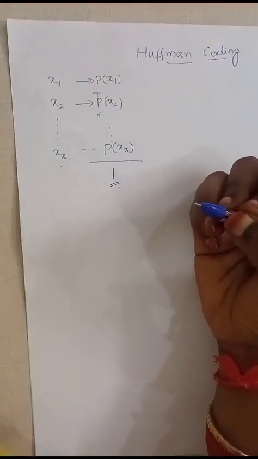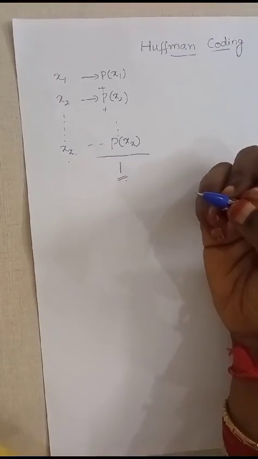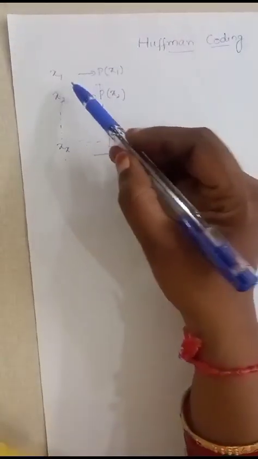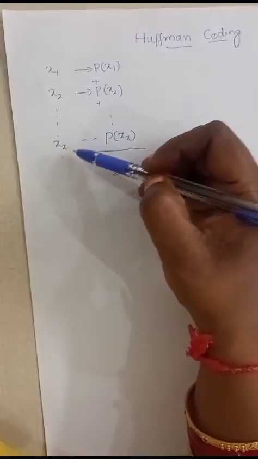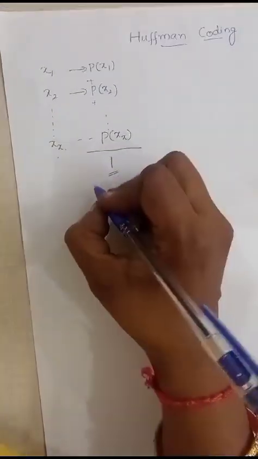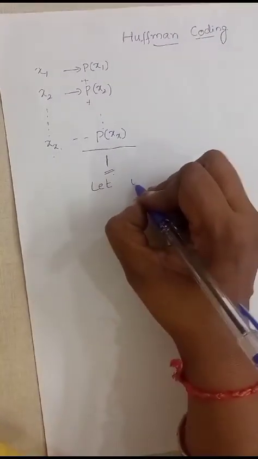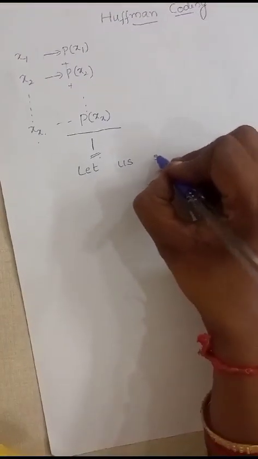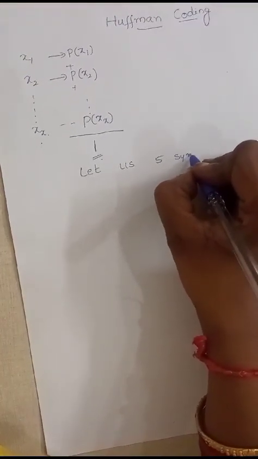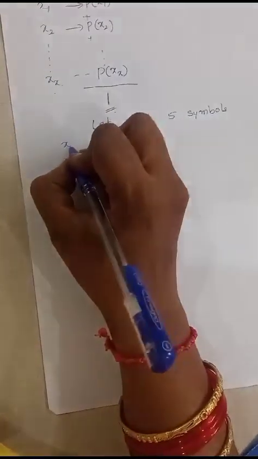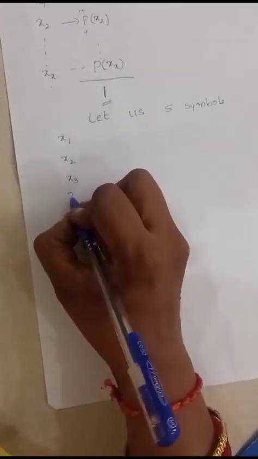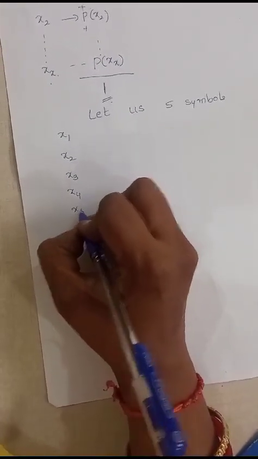Now let us see how we can give a coding for each of these symbols x1 to xn. Let us consider 5 symbols we are transmitting, represented as x1, x2, x3, x4 and x5.